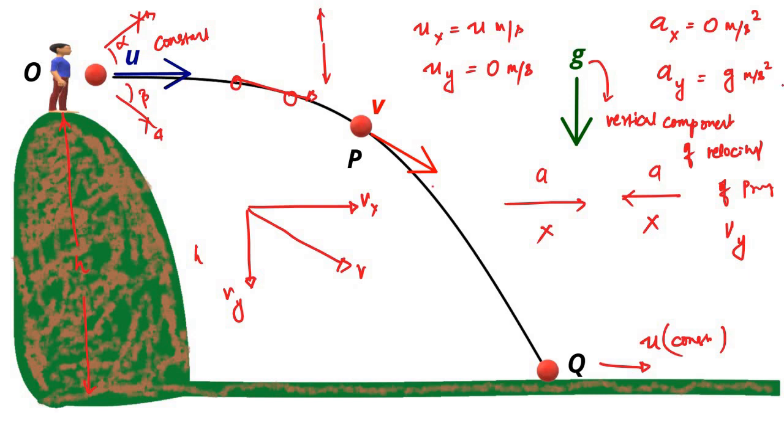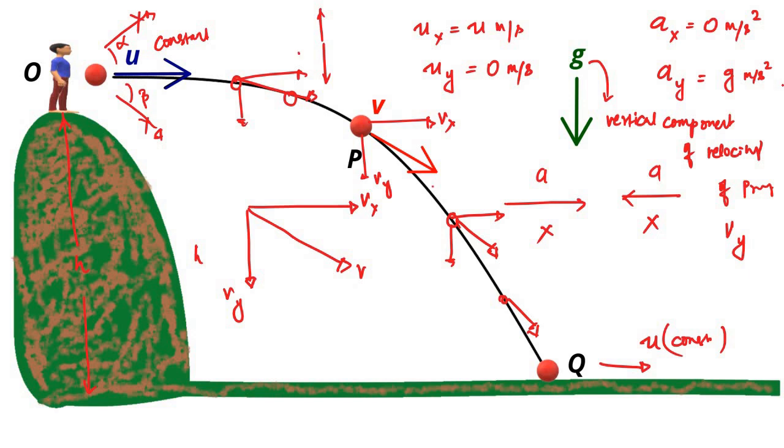So if we take any point here, we can draw a velocity vector like this. Each of these velocity vectors will have two components, the horizontal component and the vertical component. This is Vx, this is Vy.